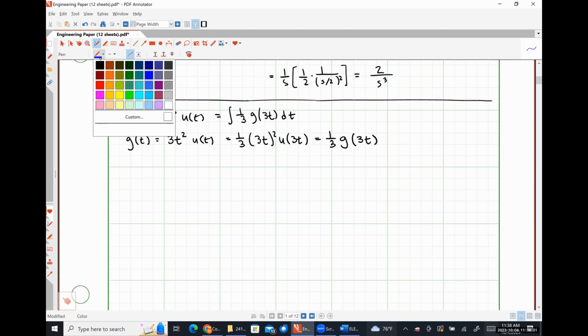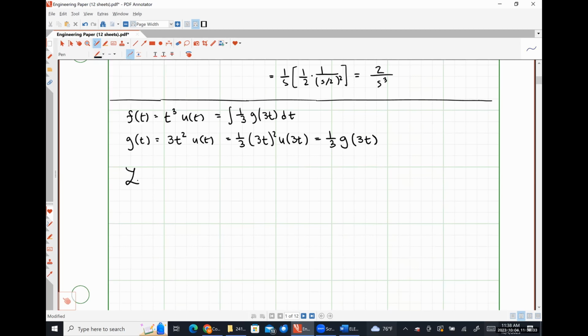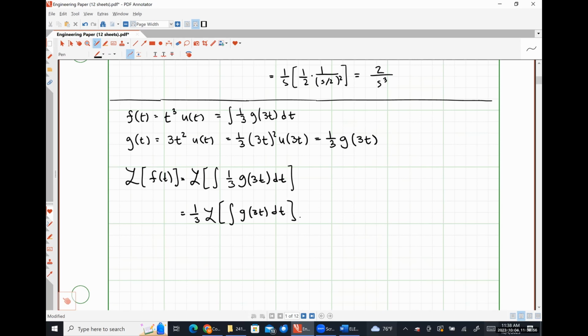So for this guy, my Laplace transform is going to be the Laplace transform of the integral of 1/3 g of 3t dt, which would look like 1/3 the Laplace transform of the integral of g of 3t dt.